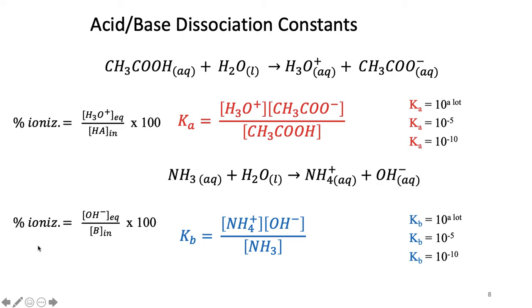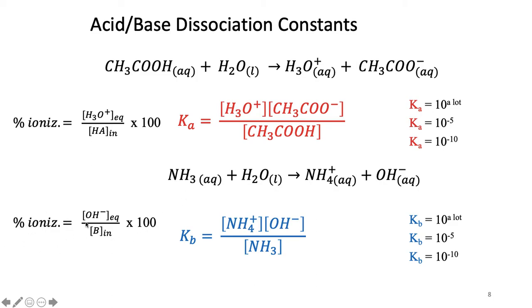The same idea with a base, but instead of H3O plus, I'm looking at OH minus. What is the concentration of OH minus, divided by the initial concentration of the base in solution, times 100.